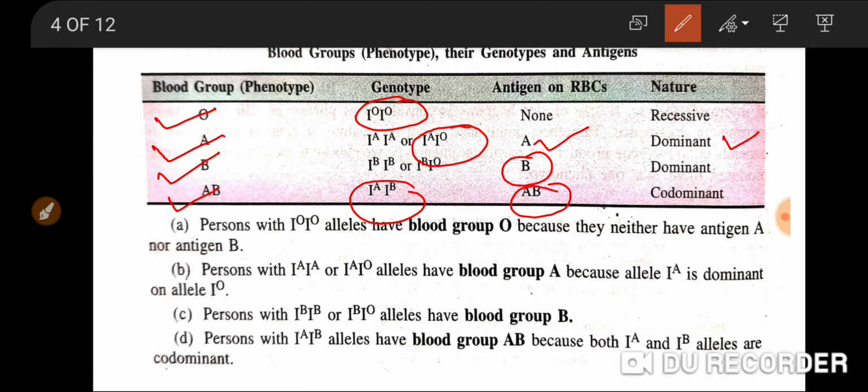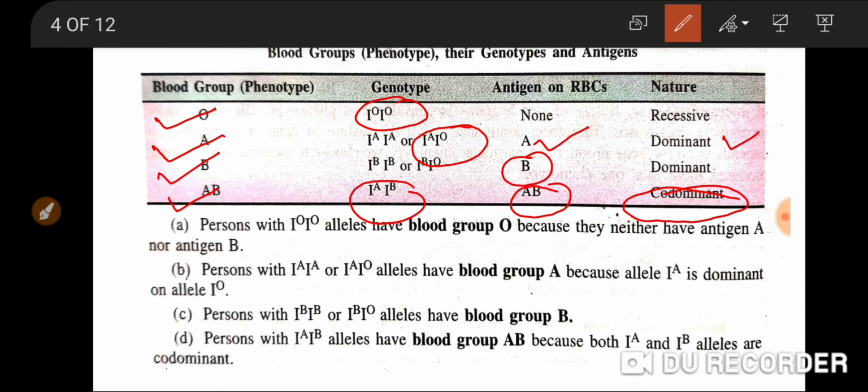This is one of the classical examples of codominance, because IA as well as IB alleles are expressing themselves simultaneously and producing both antigens on the plasma membrane of RBCs.